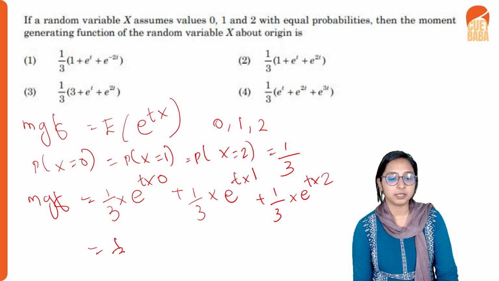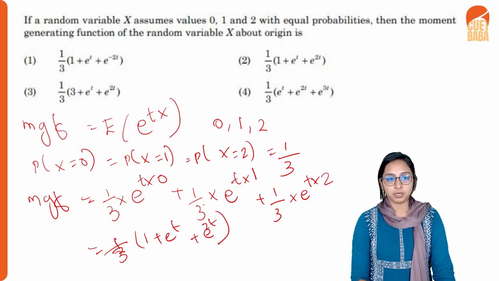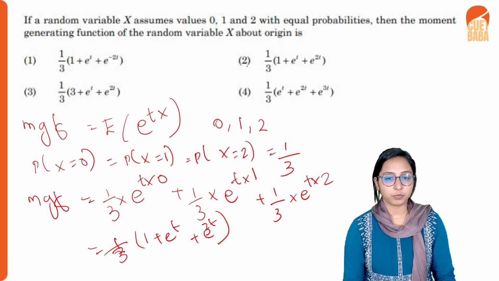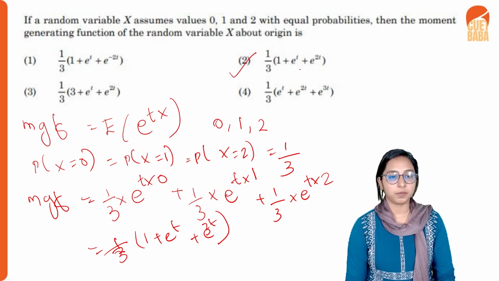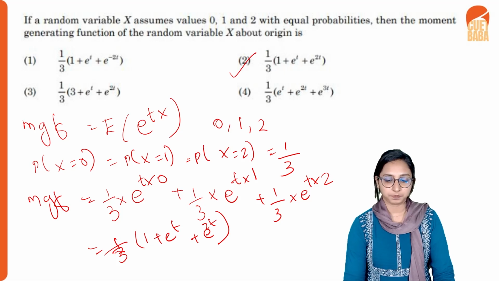Hence the answer is 1 by 3 into 1 plus e power t plus e power 2t, and the correct option is 1 by 3, 1 plus e power t plus e power 2t. The second one is the correct answer.